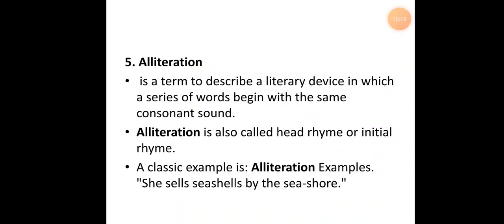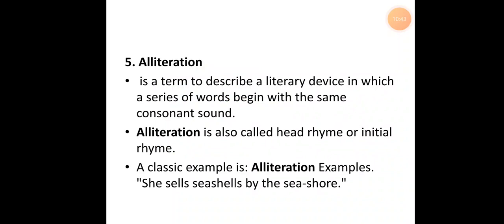Okay, now let's come to another figure of speech which we have talked about also, which is called alliteration. I don't want to go through the other classifications for it, but we will focus on the general meaning of it.